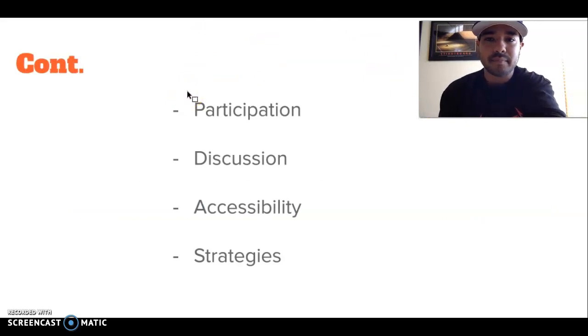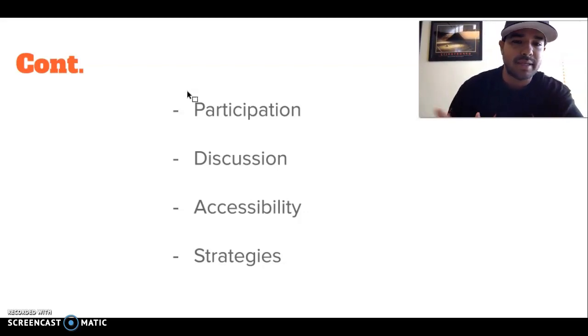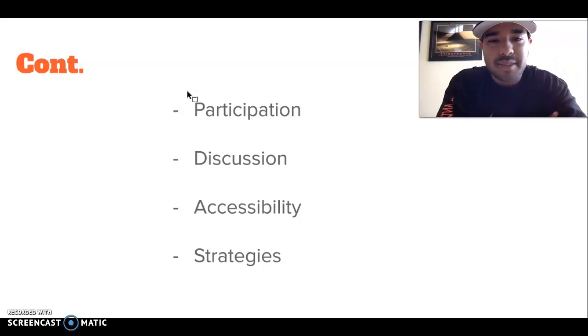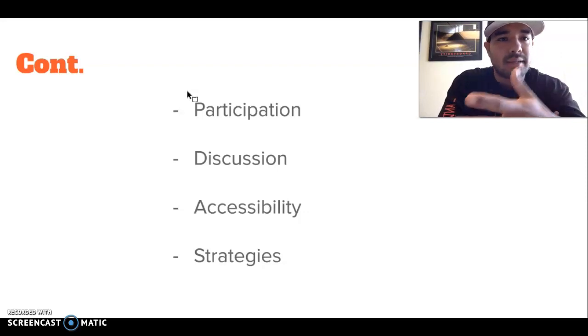Something else to focus on is participation, discussion, accessibility, and strategies. By participation, they need to know the language so they can participate in the wider mathematics community.